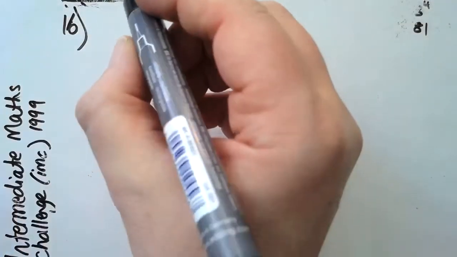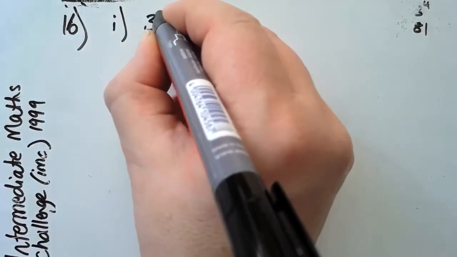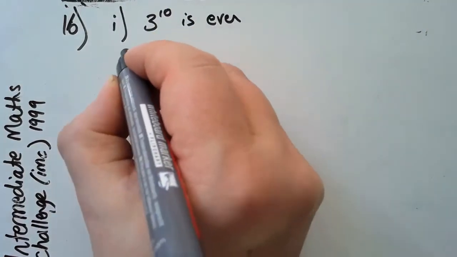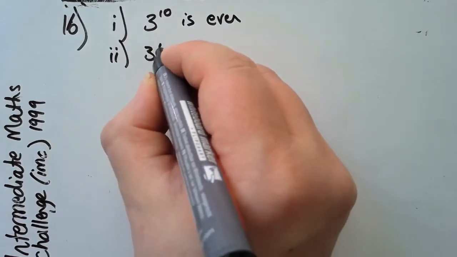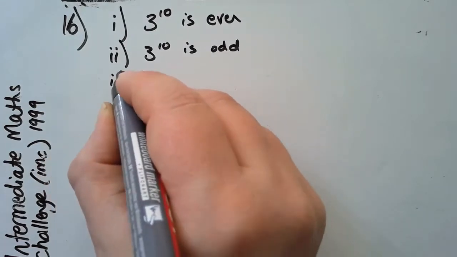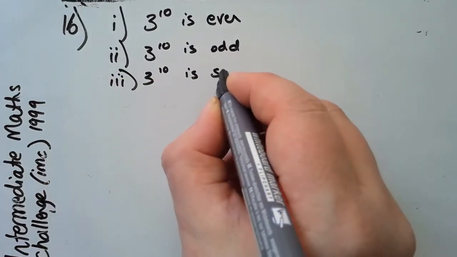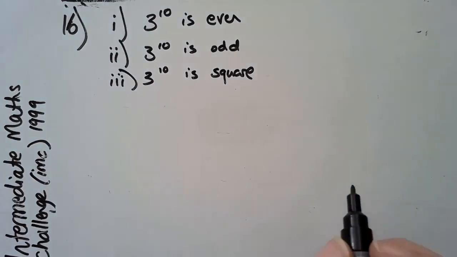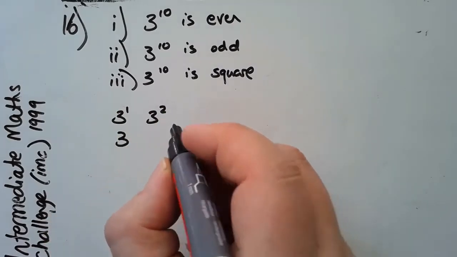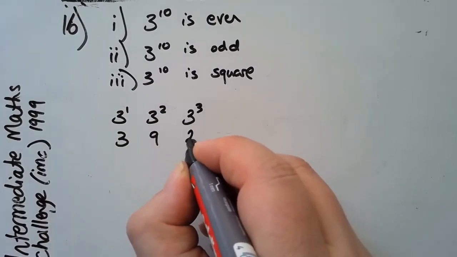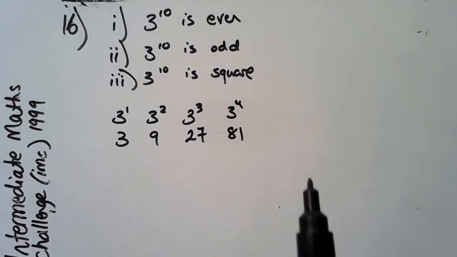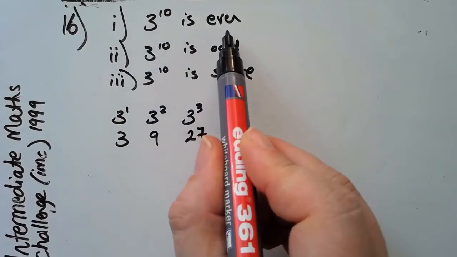So let's write them down. We've got 1, 3 to the power 10 is even. I'm just going to write down 3 to the power 1 is 3, 3 to the power 2 is 9. Is 3 to the power 10 always even?